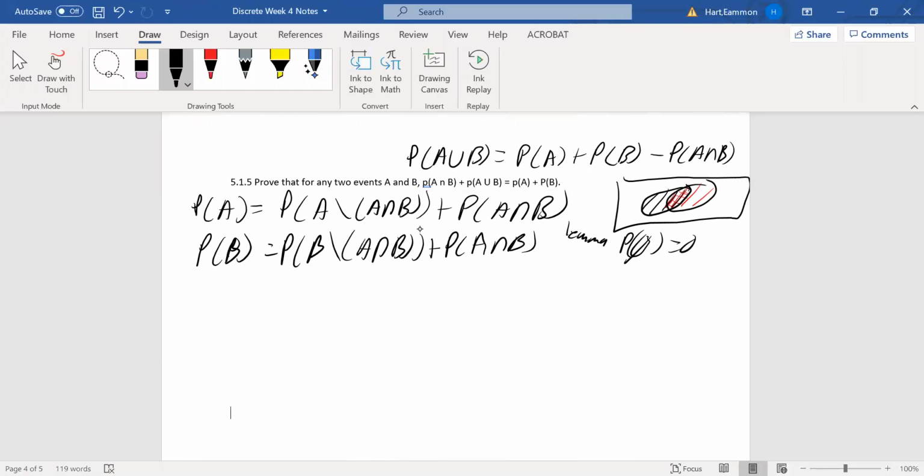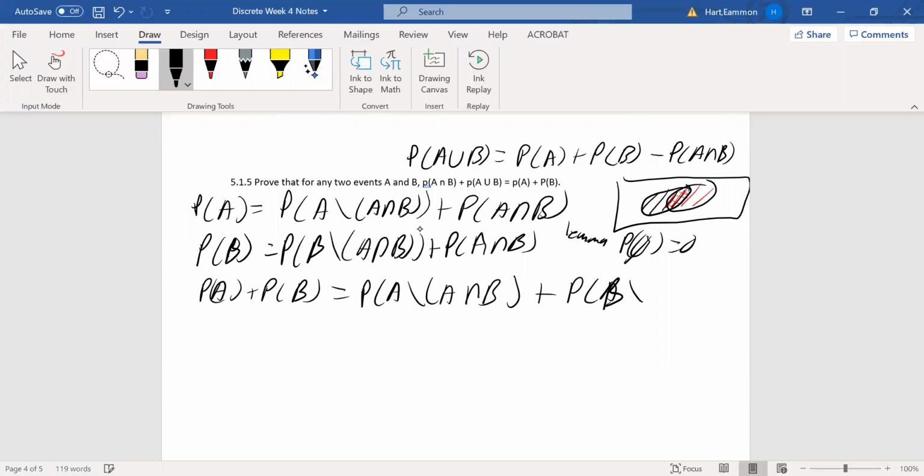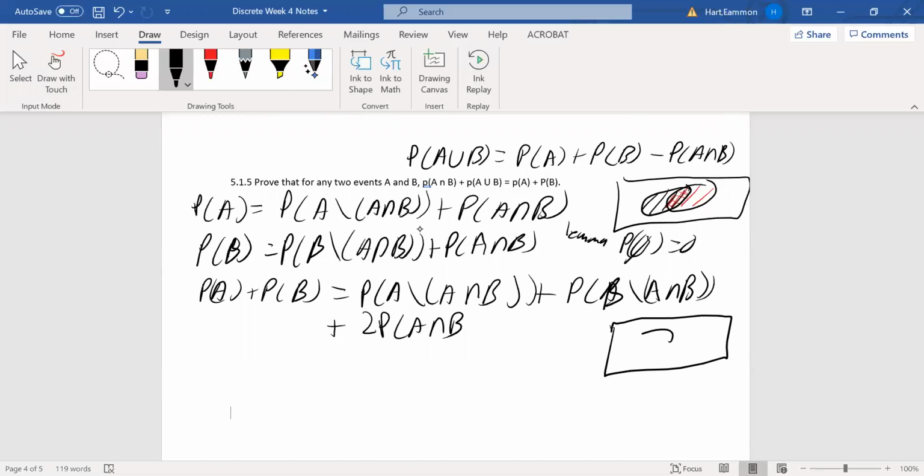Then I can add these together, so P of A plus P of B is equal to the probability of A minus the intersection of A and B, plus the probability of B minus the intersection of A and B, plus 2 times the probability of A intersect B. I'm going to redraw this Venn diagram down here so you can see something.